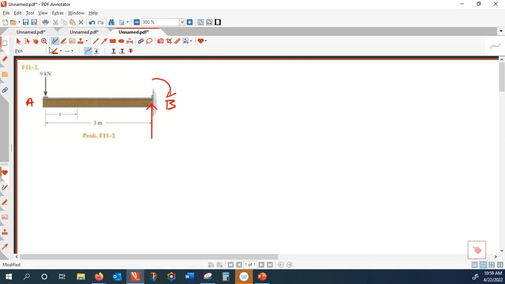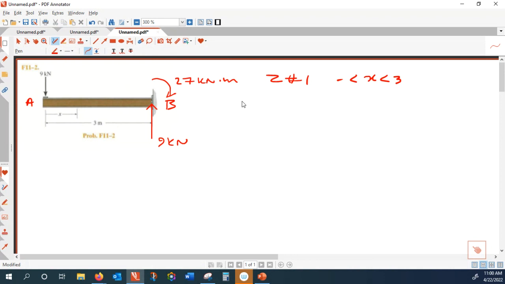So that is 9 kilonewton here. And this one is 9 times 3, that's 27, right? So zone number 1, x changes between 0 to 3.